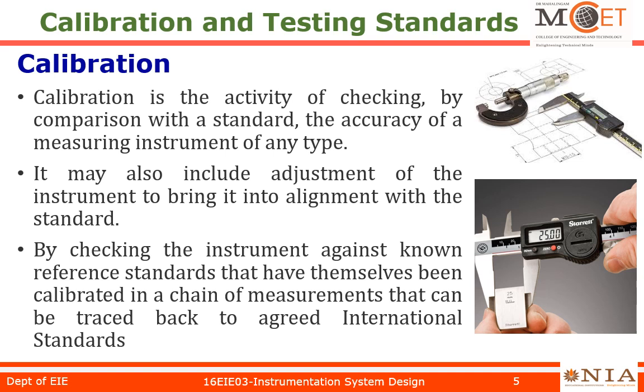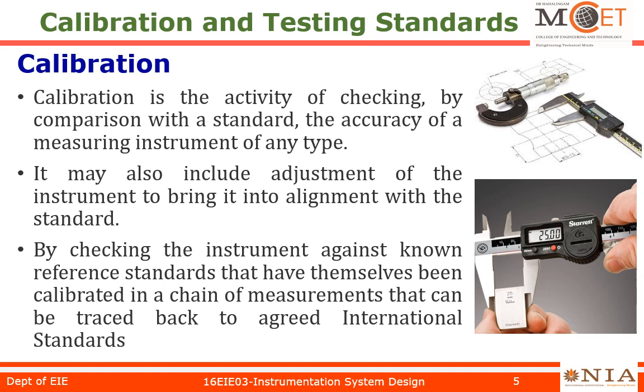Calibration. What is calibration? The instrument's response is compared with standard instruments or equipment. For example, if I want to measure a distance using a scale, I need to check whether the reading is given in a proper standard, so I compare it with a standard measurement instrument.